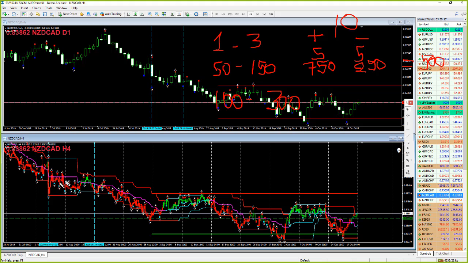So looking at the weight over there, put in the settings, knowing where to use the 50 and where to use the 100. Here again, if I lost 100 pips on the negative trades, here I'm losing 500 pips.